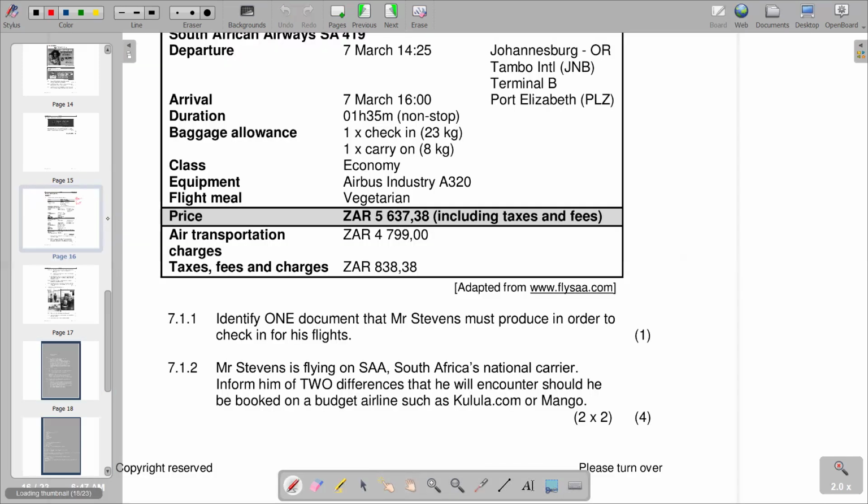So going back to our next question, 7.1.2, which asks for differences, where Mr. Stevens could be booked on a budget airline. So remember, a budget airline is usually described as a low cost carrier, which tries to keep its prices and fares lower than competitors. So obviously, that's the main description that we have in terms of a budget airline.